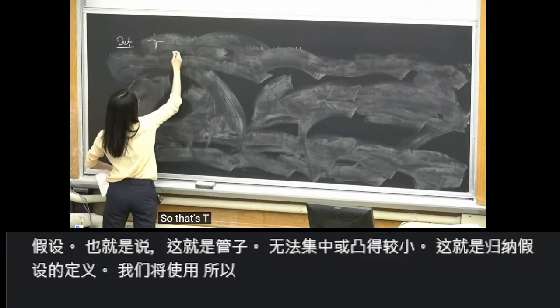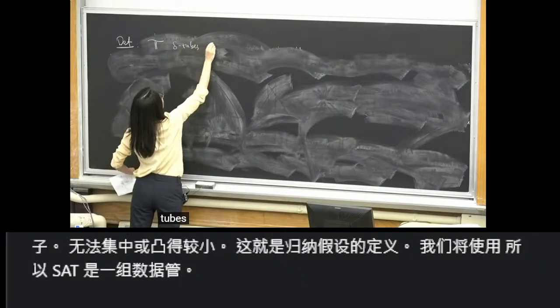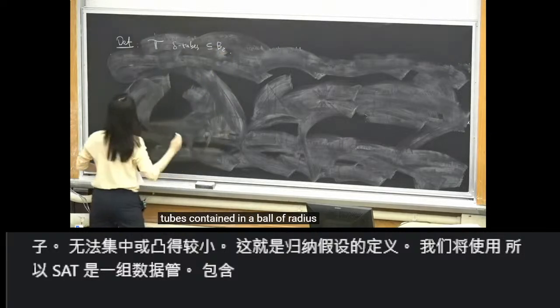So let's say T is a set of delta tubes contained in a ball of radius 2.